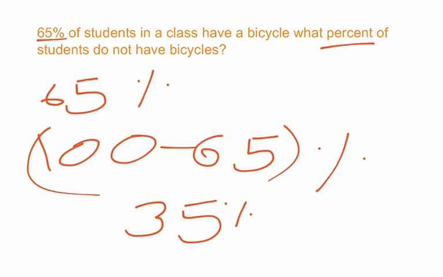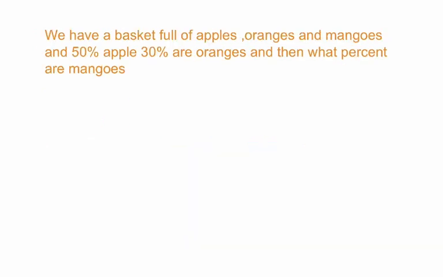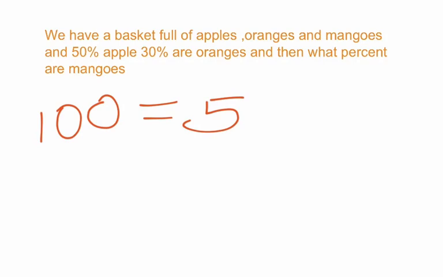Moving on to our third question. We have a basket full of apples, oranges and mangoes, and 50% are apples, 30% are oranges. Then what percent are mangoes? Basically it means, out of the total 100, I'll form an equation so that it will be easy for you to solve. 50% are apples, 30% are oranges.